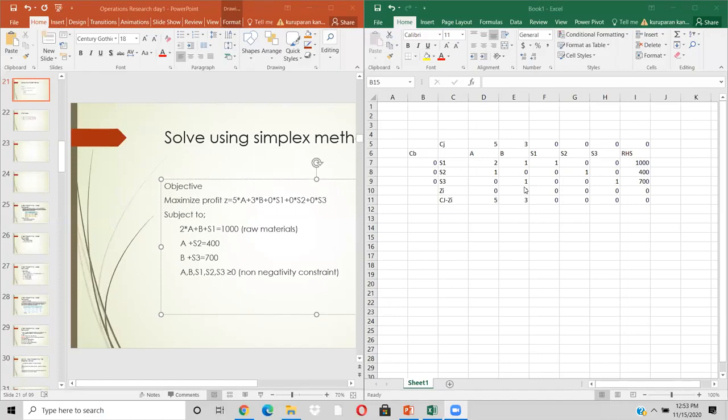Similarly for this one, 3 minus 0 is 3. Similarly you can get the rest. Okay, this is the initial table. I will explain sensitivity analysis and duality in the next lectures. Okay, if you have any doubts up to now, you can ask.